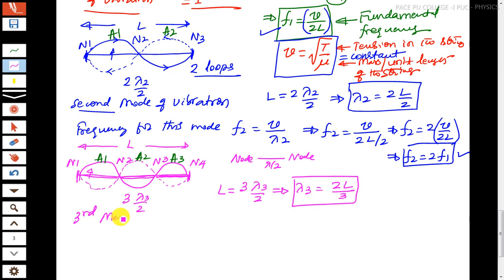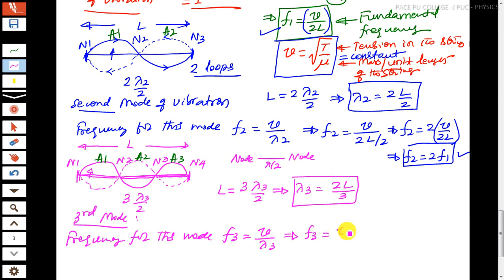In the third mode of vibration, the frequency for this mode is F3. So F3 is V divided by lambda 3. Now make the substitutions for lambda 3. F3 is equal to V divided by 2L by 3. Making the modification, this is equal to 3 times V divided by 2L.